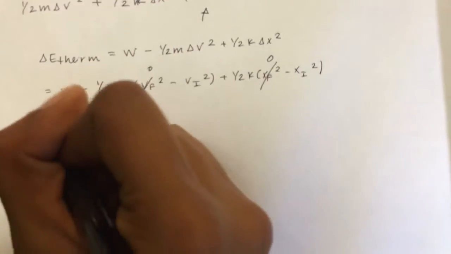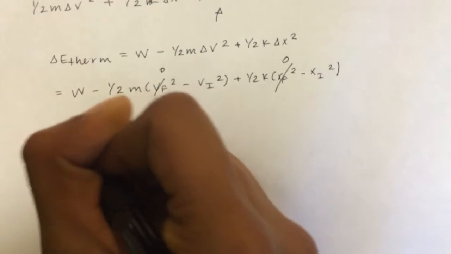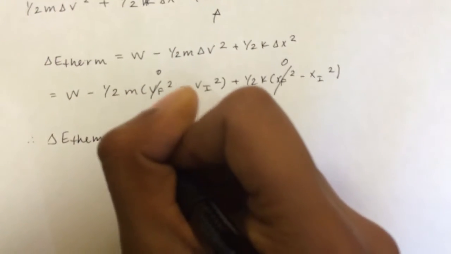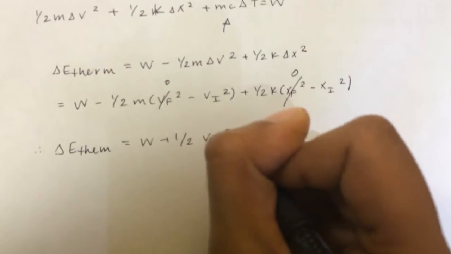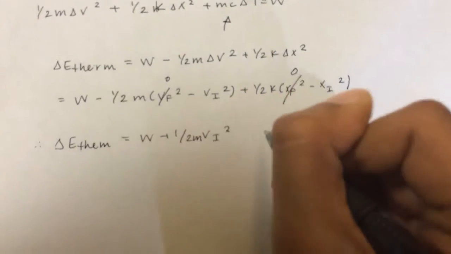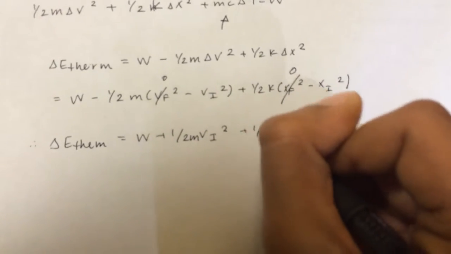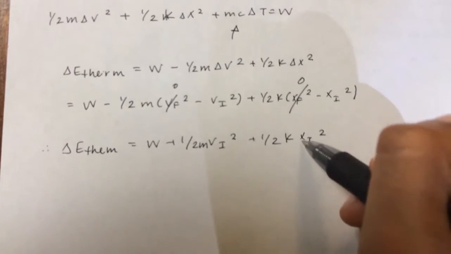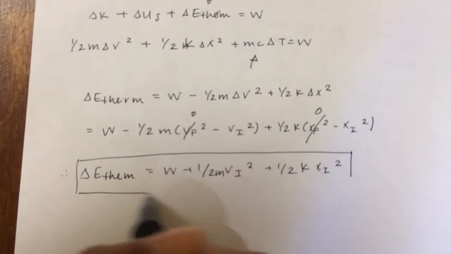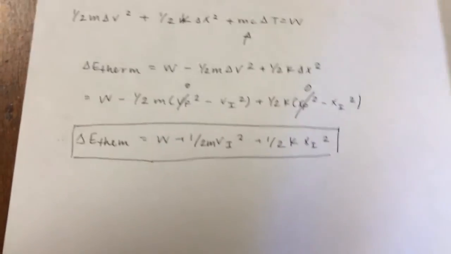Now, finally, delta E therm is equal to W plus 1/2 m v initial squared plus 1/2 k x initial squared. And that is the final answer. Thanks for watching.